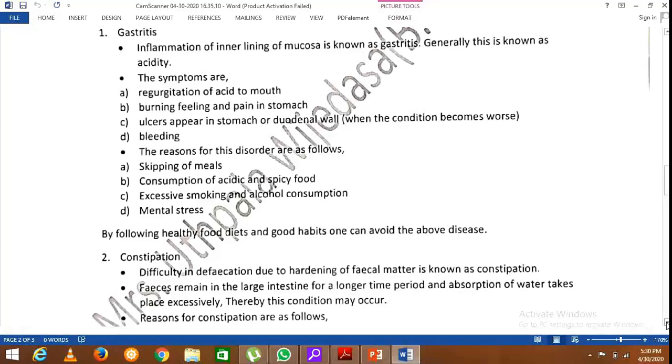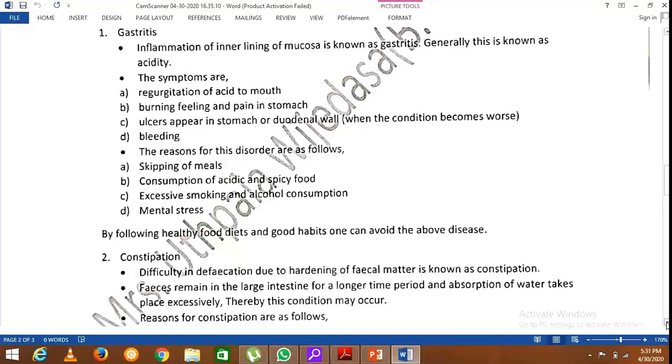And generally this is known as the acidity inside the stomach. Regarding these diseases, you should know what are the causes for these diseases, what are the symptoms, and how can we avoid these disease conditions. That is the main purpose, to give you an idea about how to get rid of these diseases associated with each of these systems.